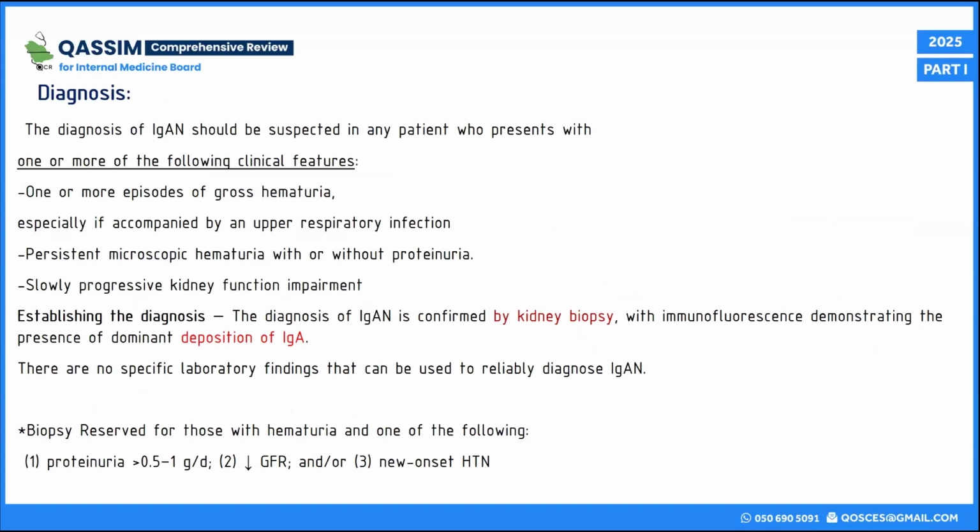The diagnosis of IgA should be suspected in any patient who presents with one or more of the following: one or more episodes of gross hematuria, especially if combined with upper respiratory infection; persistent microscopic hematuria with or without proteinuria; and slowly progressive kidney function impairment. How can we establish a diagnosis? Again, with renal biopsy.